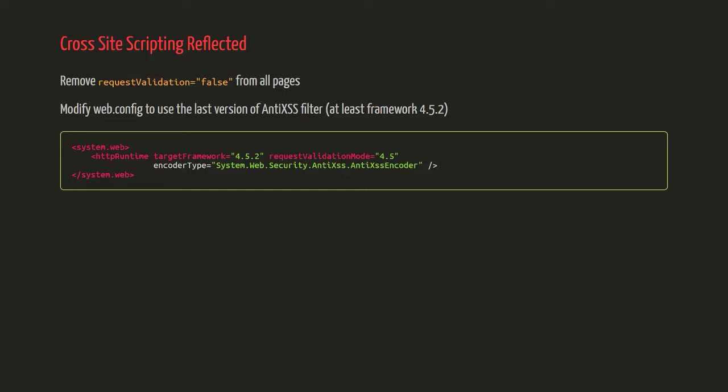And you have to modify it in this way inside the httpRuntime tag. You have to set targetFramework to 4.5.2, requestValidationMode to 4.5, and also the encoderType with the string System.Web.Security.AntiXss.AntiXssEncoder.